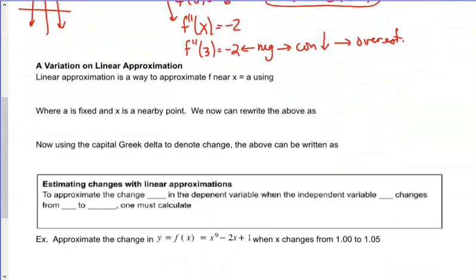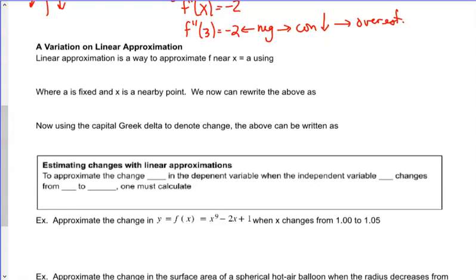So now we're going to evolve into the idea of approximations, which actually evolves into the idea of differentials, okay? So I'm going to give you that linear approximation. Instead of L of x, I'm going to use f of x this time, is approximately the same as that linear approximation definition that I gave you earlier.